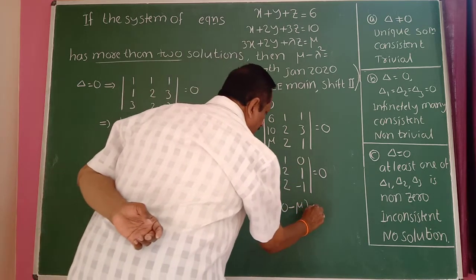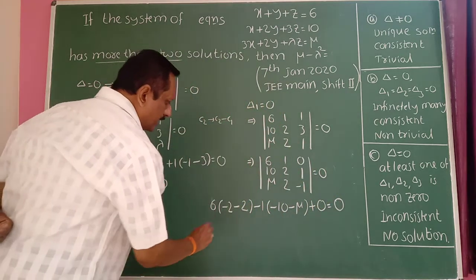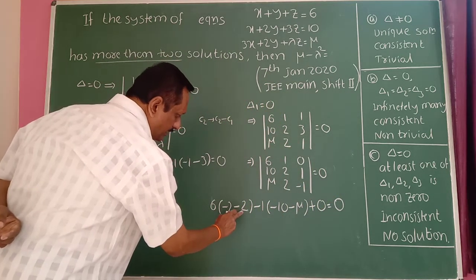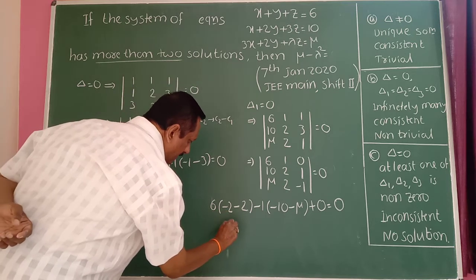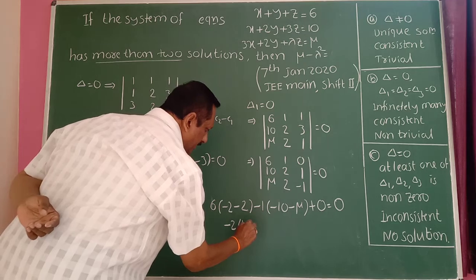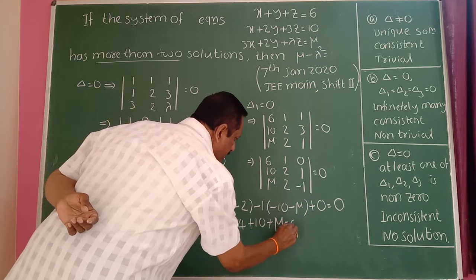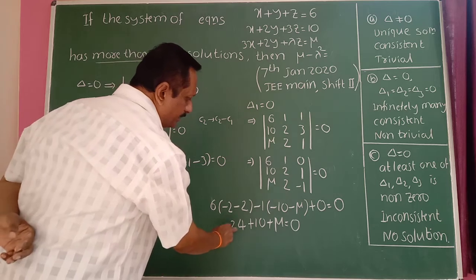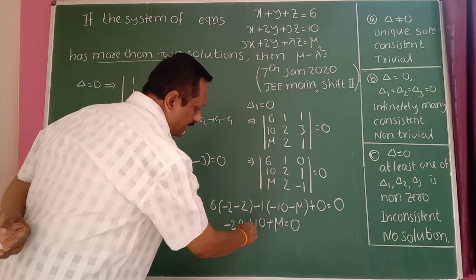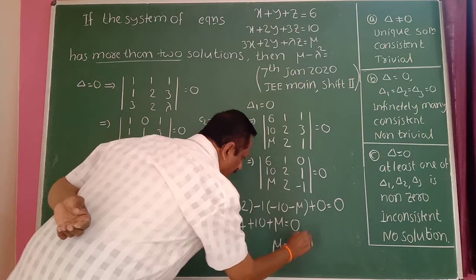And 0 into any term is 0, so that is equal to 0. Then minus 2 minus 4, 6 fours are 24, minus of 24, take minus inside, plus 10 plus mu is equal to 0. Minus 24 plus 10 is minus 14. Take minus 14 to the right hand side. So mu is equal to 14.